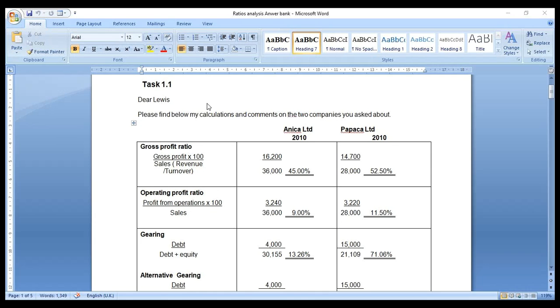Okay, so what we've done is gross profit divided by revenue, and it's coming to 45%.